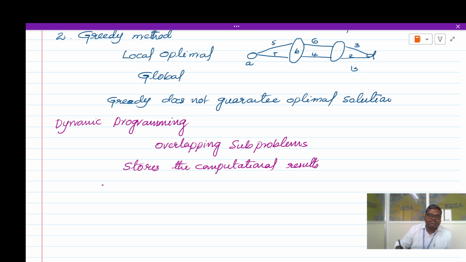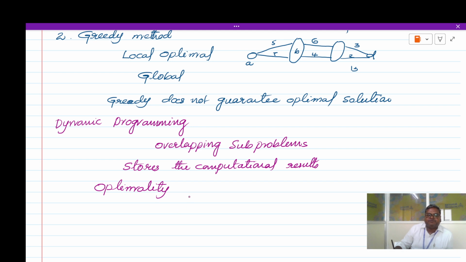And you know that dynamic programming is based on the principle of optimality.